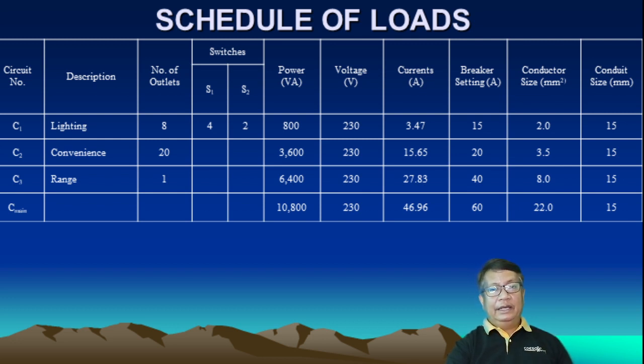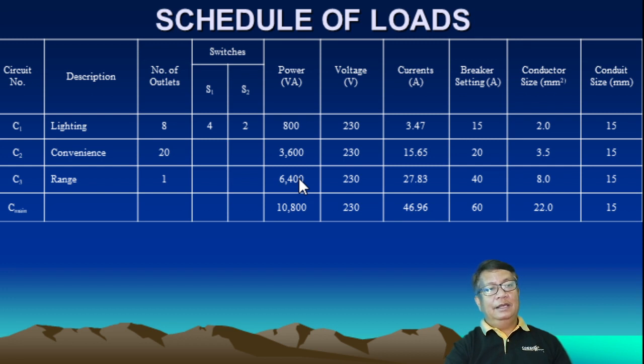According to the Philippine Electrical Code, for every convenience outlet that we have, it should be allocated 180 watts or 180 volt ampere. So 20 times 180 volt amperes, then we have this 3,600 volt amperes.